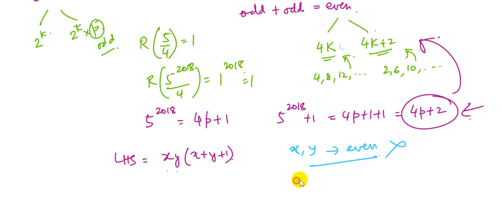Now next is x, y both odd. Now if both are odd, this would be odd and this would be odd plus odd plus odd, that is odd. So my left hand side becomes odd, not possible.